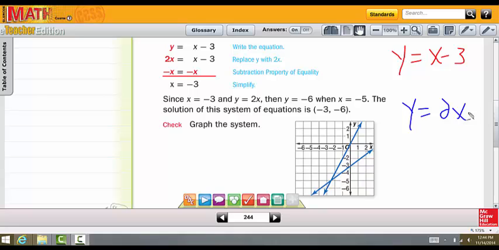So if we graph y equals x minus 3 first, we have a negative 3 intercept. And notice that we have an error here. The intercept is negative 3, but the slope is 1 over 1. So it should be up 1 over 1. So we should be at that point right here.